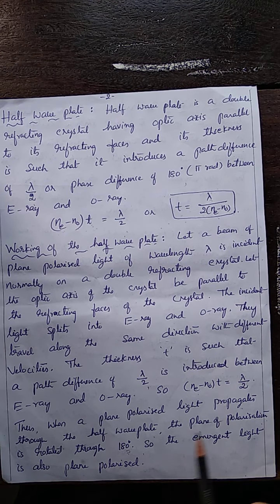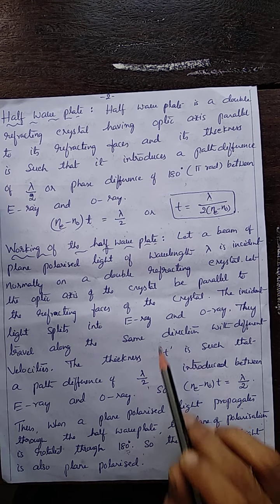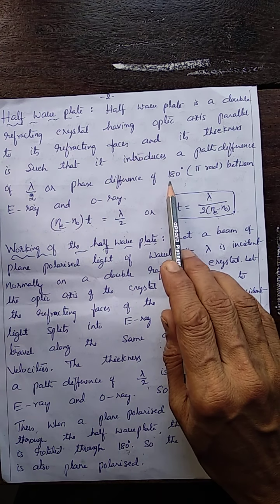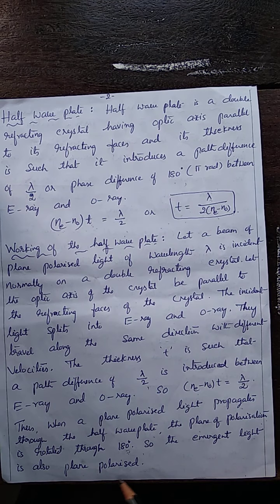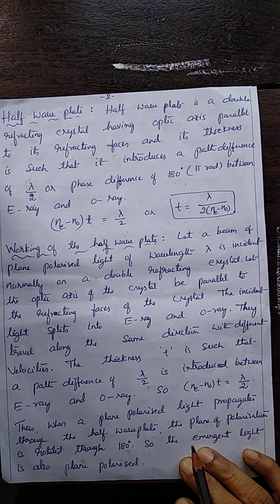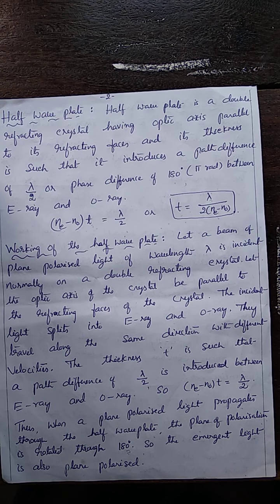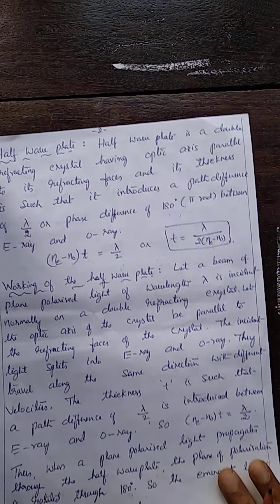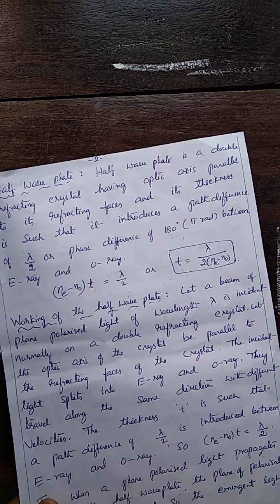Because the half wave plate introduces a phase difference of 180 degrees, so that the plane of propagation is rotated through 180, and there is no change in the direction of vibration or plane of polarization. It is just rotated. So plane polarized remains as plane polarized light only. This is about the wave plates, retarding wave plates.